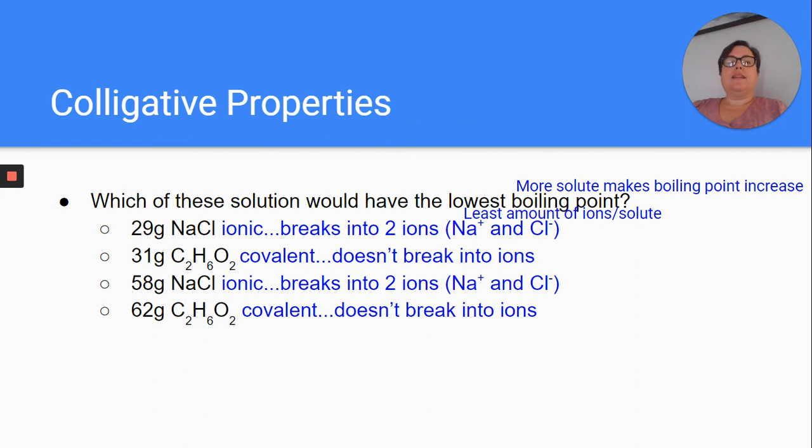Since I'm looking for the least amount, I can go ahead and scratch out the ionic this time because that's going to make more ions. I don't want more, I want less this time. Then I can look at the amounts to separate the two different covalent compounds. Since I want the least, it's going to be the 31 grams.